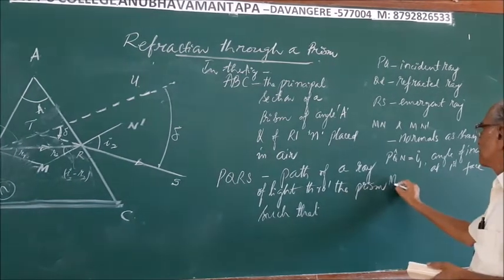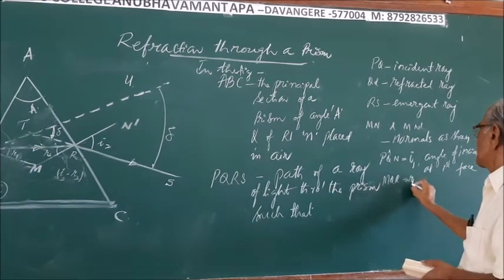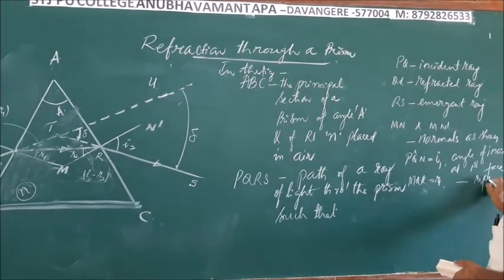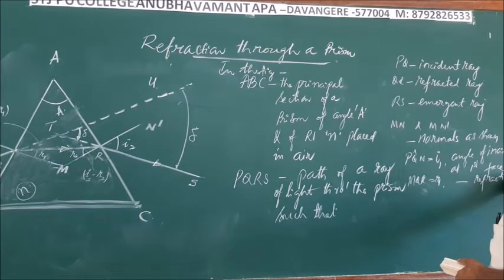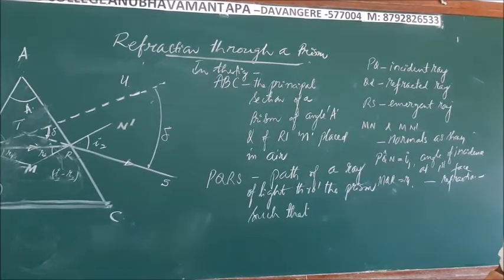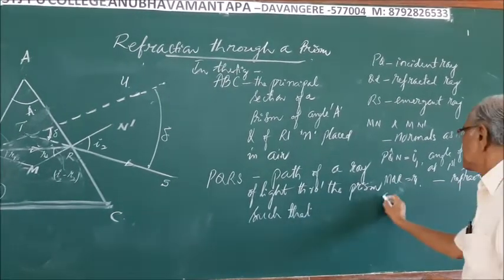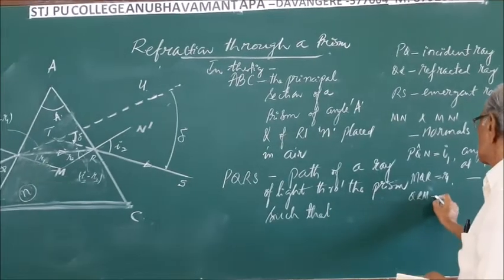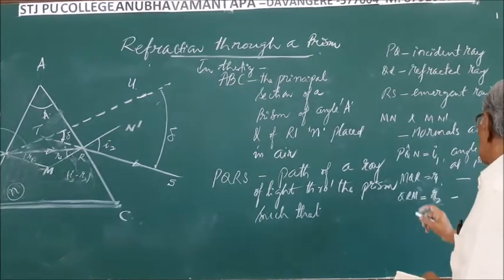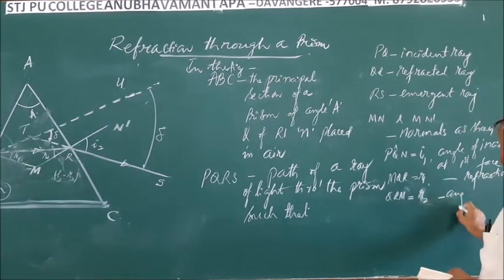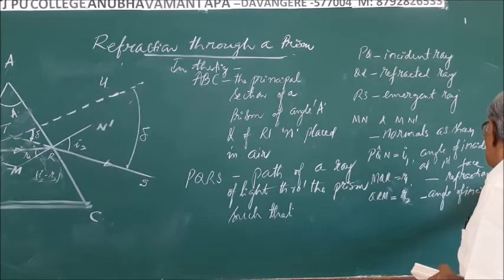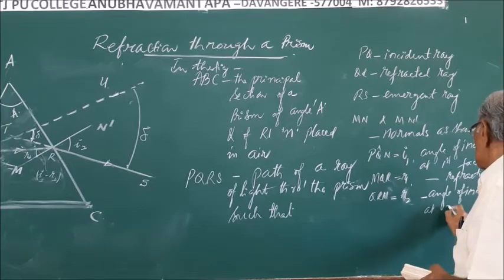and MQR is r1, the angle of refraction at the first surface, and then QRM is r2, the angle of incidence at the second surface.